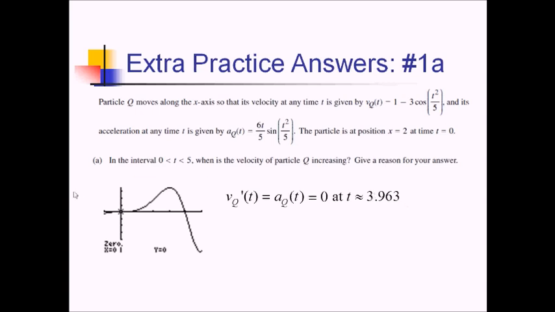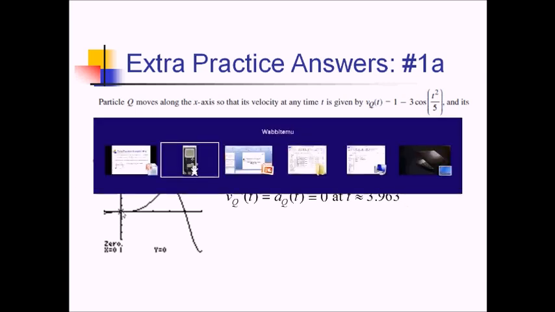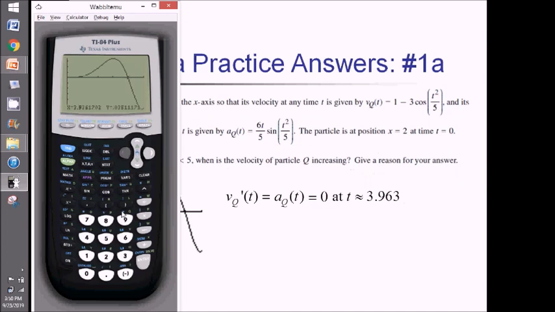3.963. If you weren't sure that this was crossing at 0, let's go back to the grapher and do second trace zero. Let me scroll back past 0, because it is kind of weird where this actually crosses.